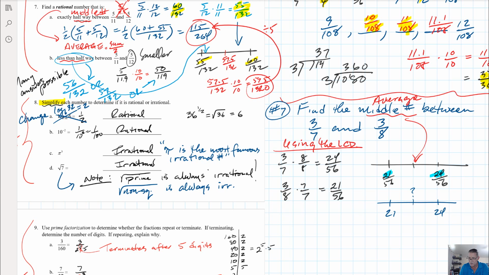Well, there's 3 units between these two numbers. Between 21 and 24 is 3 units. And if you take half of 3, well, that is 3/2, or 1.5. And what we want to do is shift over 1.5 units from 21.